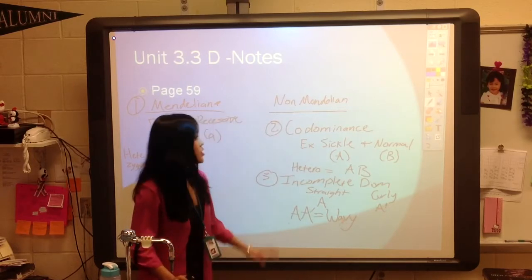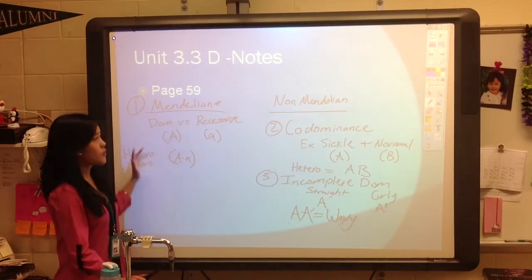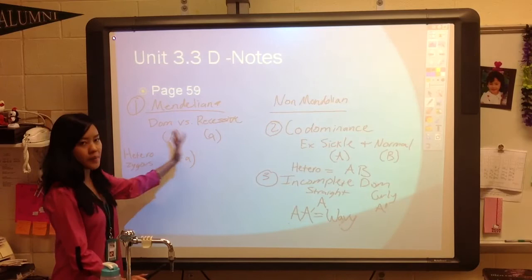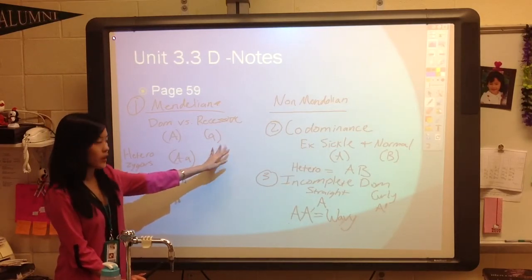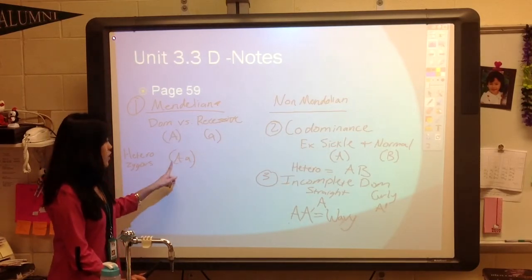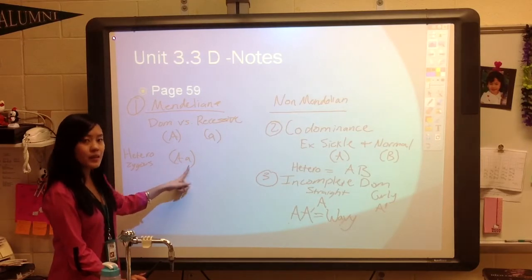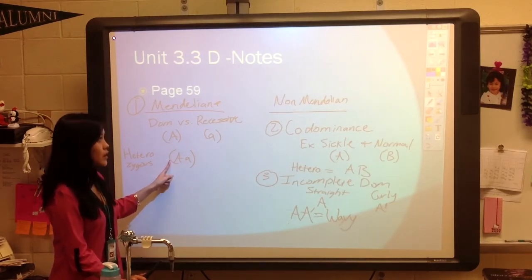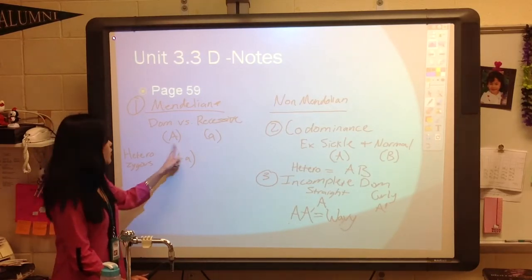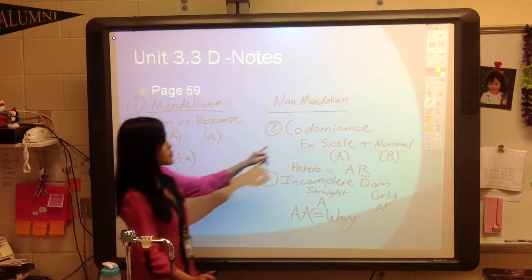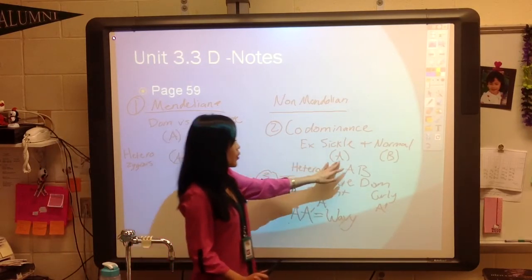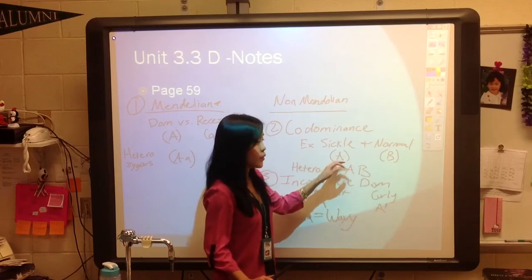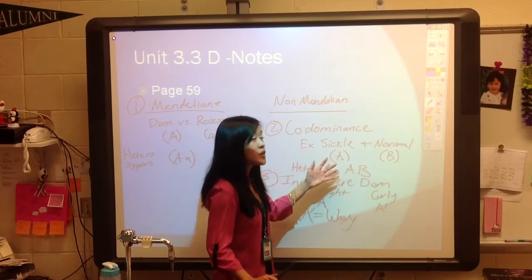Okay? So here are three types of genetics so far. Mendelian, where you just have regular dominance versus recessive. Your heterozygote, big A, little a, would have the phenotype of whatever the big A stands for. In codominance, both alleles show up, both traits show up, both phenotypes show up.